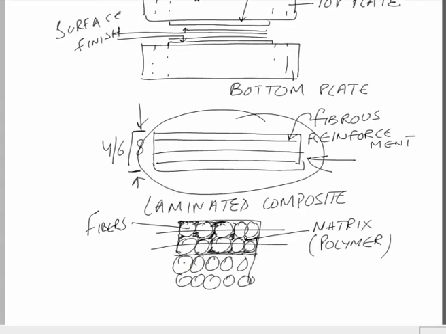So, this composite now becomes a 4 layered polymer matrix composite, in which this darkened portion again represents the matrix, or the bulk of the material, and this circular portion represents the edges of the fibers at the edge of the laminate.